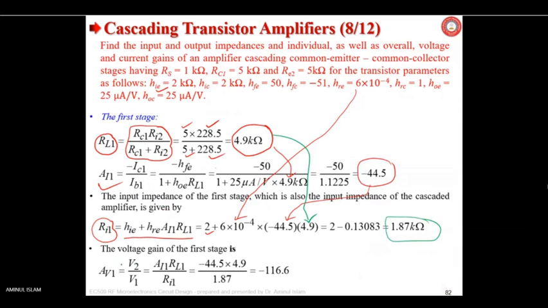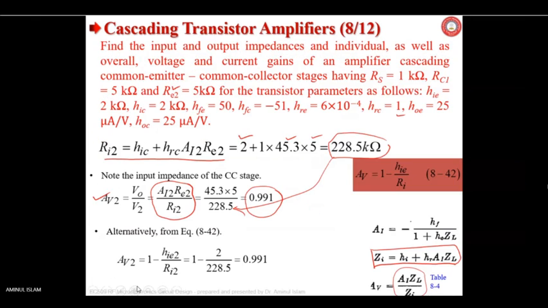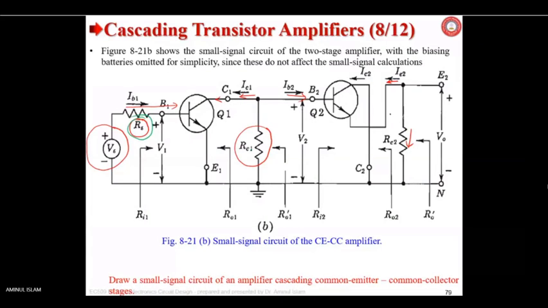Now, the voltage gain of the first stage is AV1 equals V2 by V1. V2 is the voltage across the collector to ground, because the load is there only. Here the load is the parallel combination of RC1 and the input impedance of Q2 that we have already calculated.